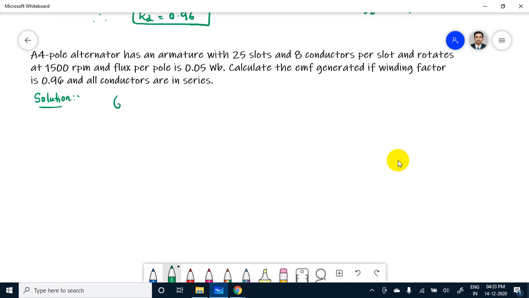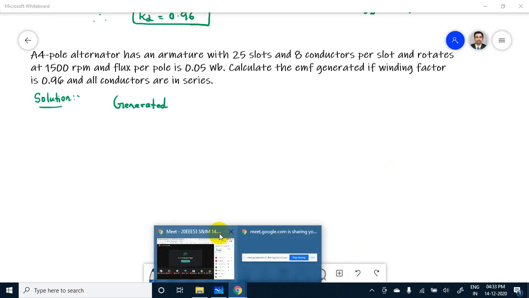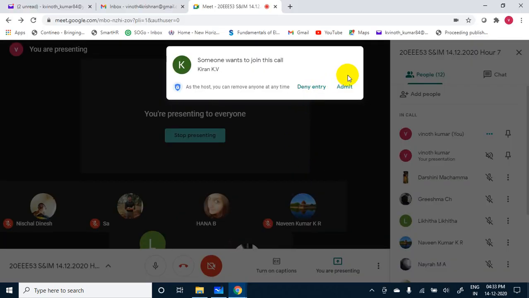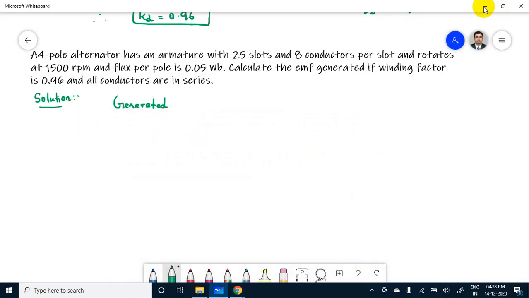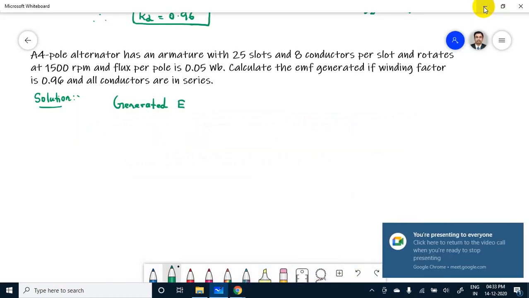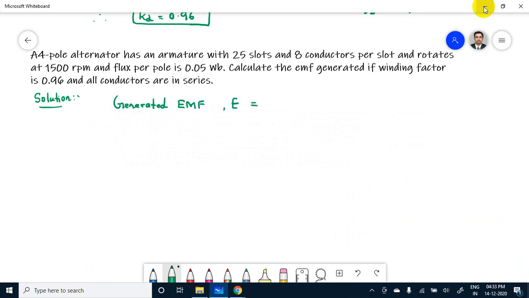So you know the EMF generated formula: E equal to 4.44 Kp Kd into flux into frequency into T, number of turns.